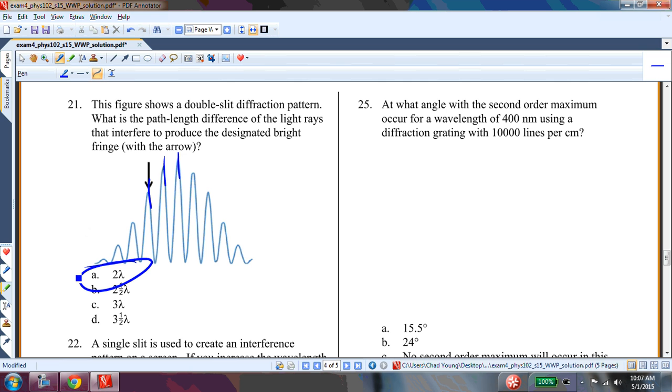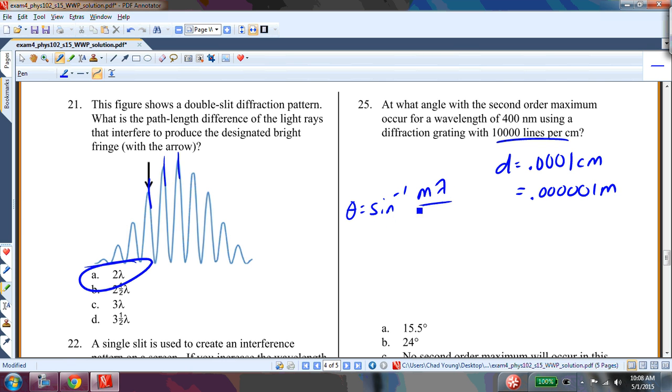Okay, what angle does the second order maximum occur for a wavelength of 400 nanometers? Okay, first I just want to find d, that's 1 over 10,000 centimeters. In meters, move that decimal place over twice. And I'm looking for theta, so theta is inverse sine of m lambda over d.